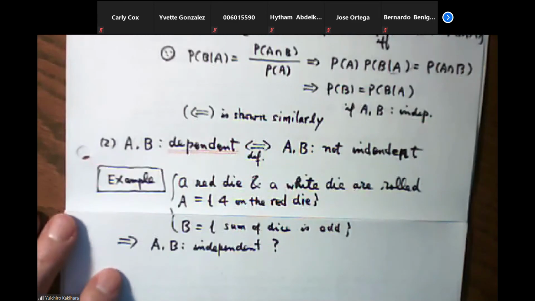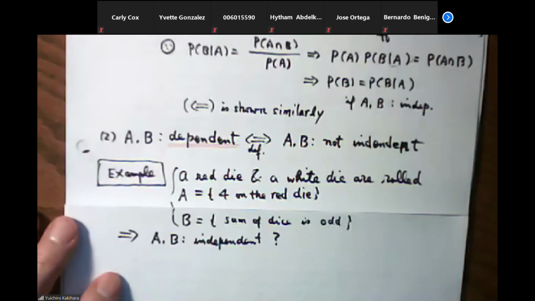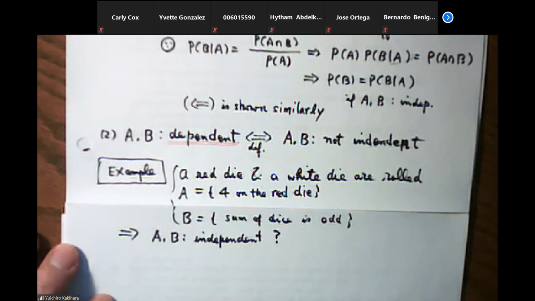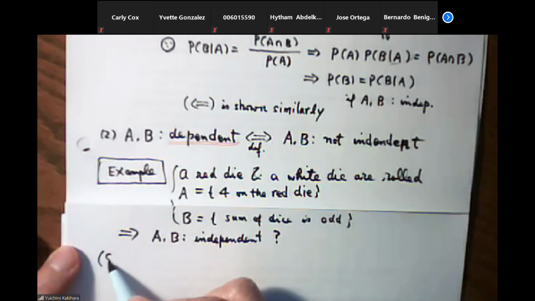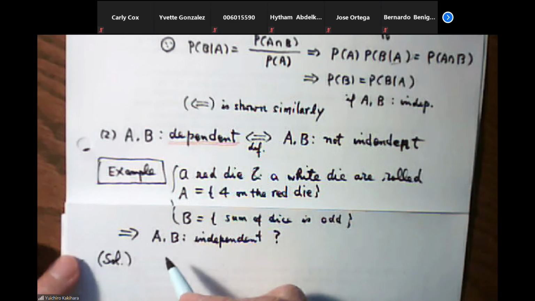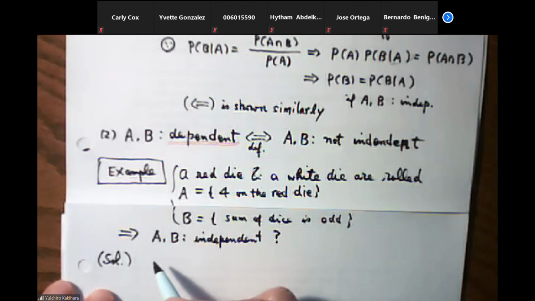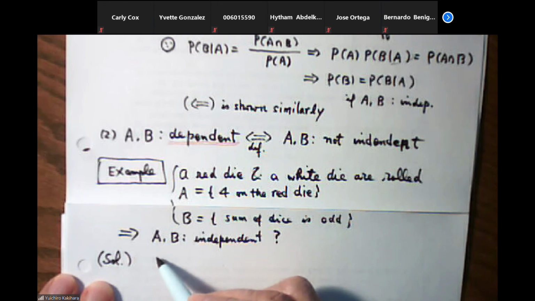One red die and one white die are rolled, and event A is 4 on the red die, and B is the sum of dice is odd. We have to calculate the probability of A and B, and also the intersection, A intersection B. And before that, what is the sample space S?